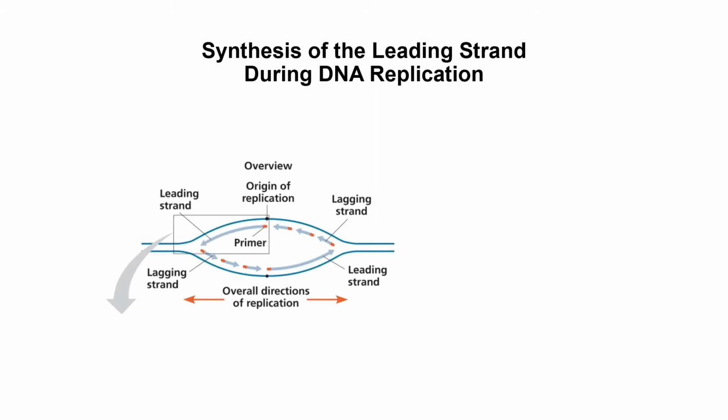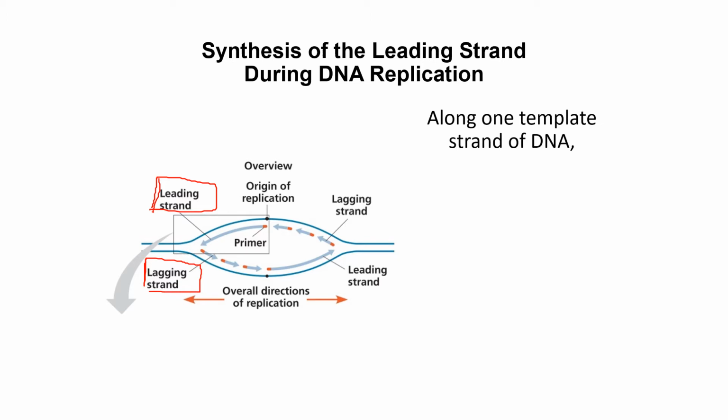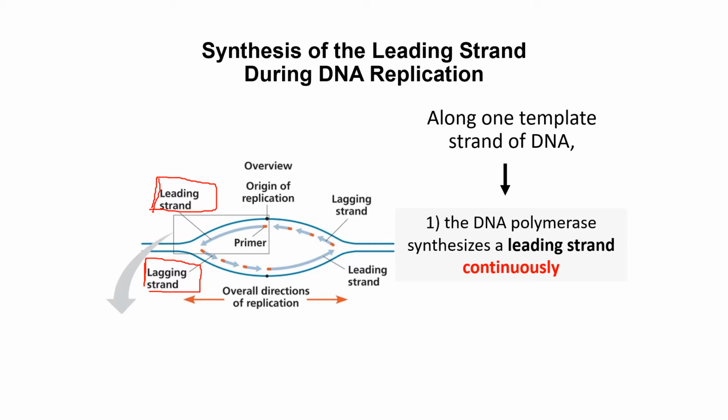So let's see. If you remember from the video lecture, here we have one new strand that is the leading strand, and another strand that is the lagging strand. Remember that the DNA polymerase synthesizes the leading strand continuously, and it moves toward the replication fork.